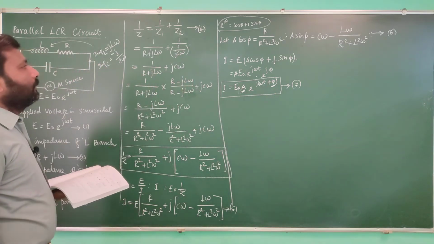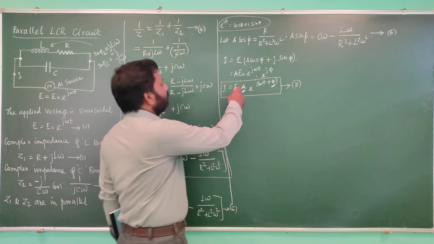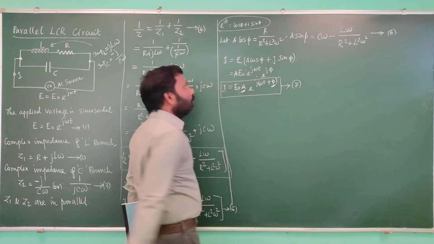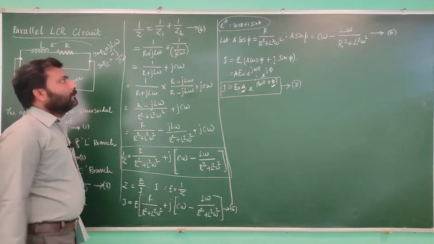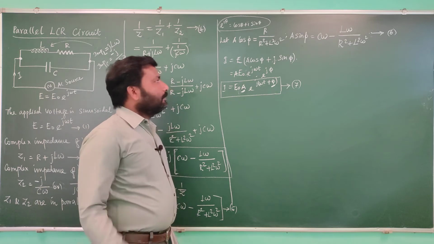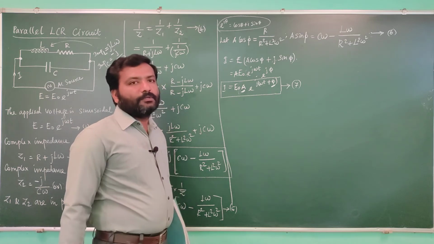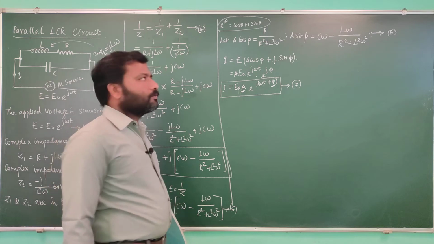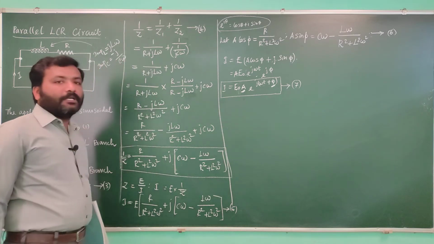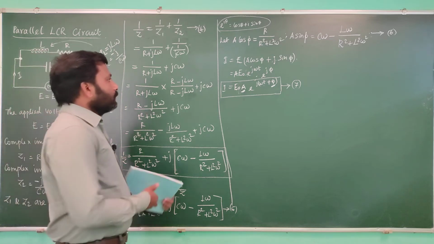And if you want the expression for A, you square both terms and add them: A square cos square phi plus A square sin square phi. You can take A square common, and sin square phi plus cos square phi is equal to 1, so we will get an expression for A square. If you take the square root, we will get the expression for A. Okay, that's what we are going to do now.